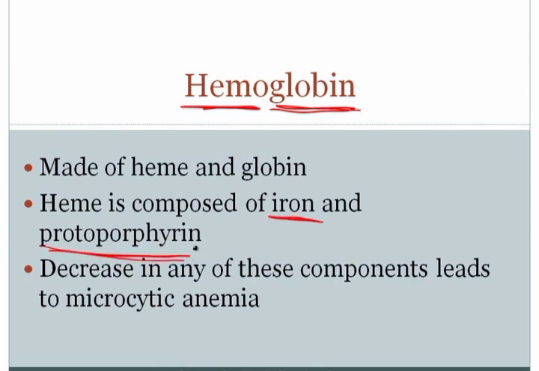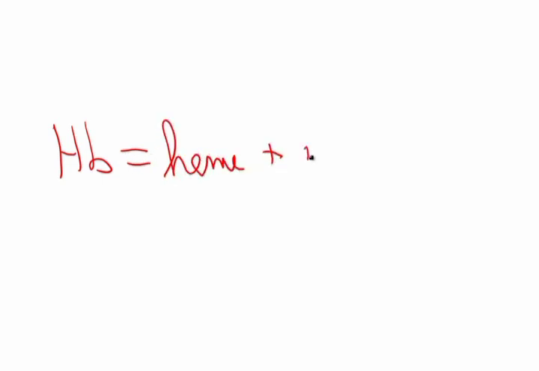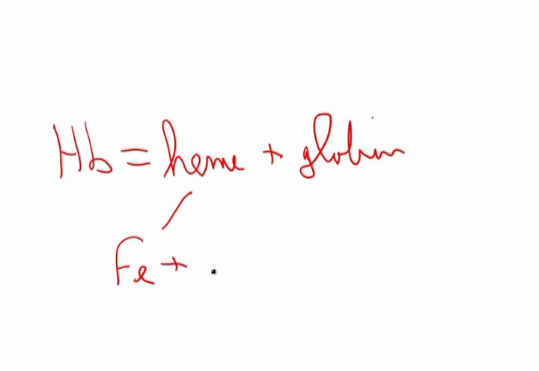And so if I were to create just a simple understanding in your mind, hemoglobin equals heme plus globin. All right, and you know that heme is essentially composed of iron plus protoporphyrin. I'm just going to say proto here, P-R-O-T-O.